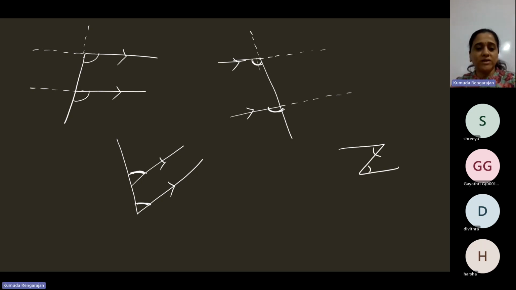You can't mark any other angle in this figure. So produce the lines and you can see corresponding angles. Letter F is for corresponding angles. You rotate F and you will find a pair of corresponding angles. When you rotate Z, you can see alternate interior angles.